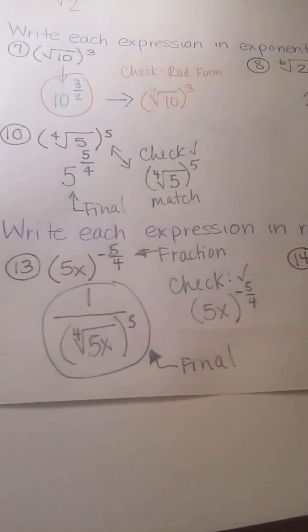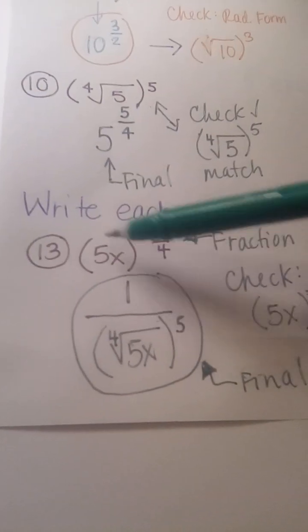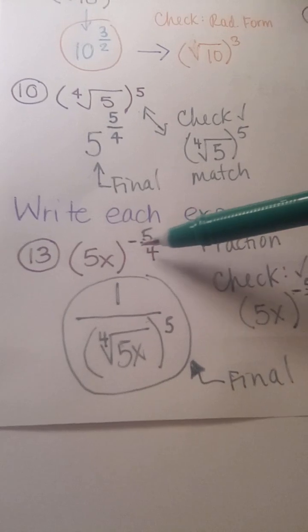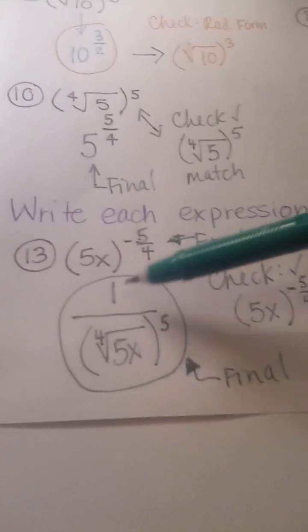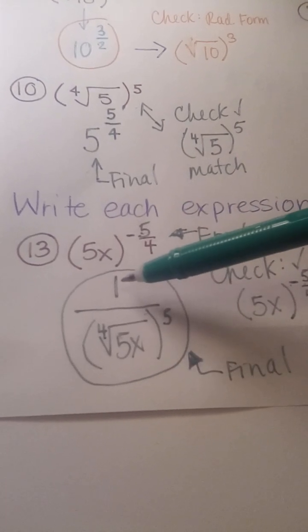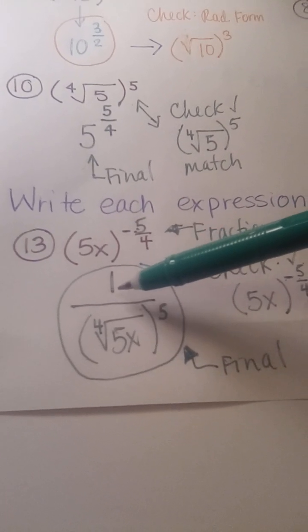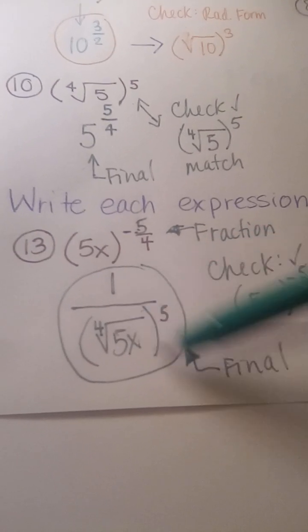That wasn't too bad, right? So when you see the variable inside the parentheses and a negative exponent, first things first, in order to make it positive, you put 1 on top as the numerator, over what it's asking.